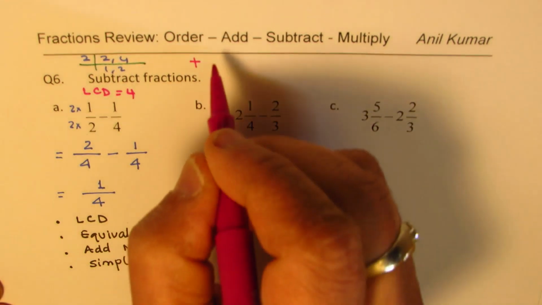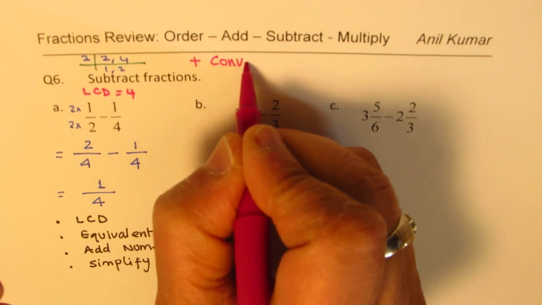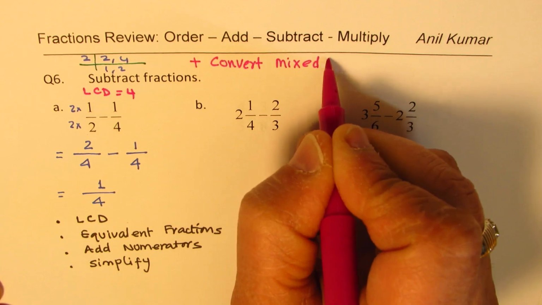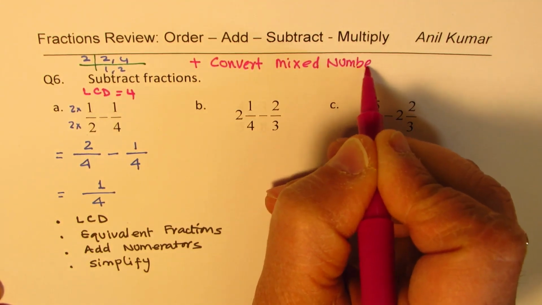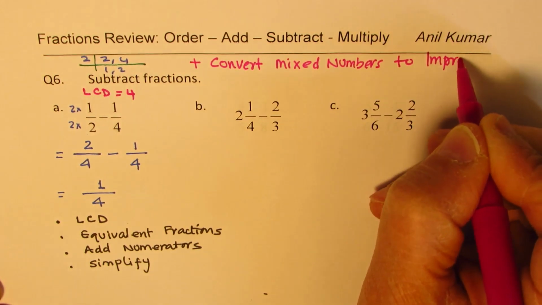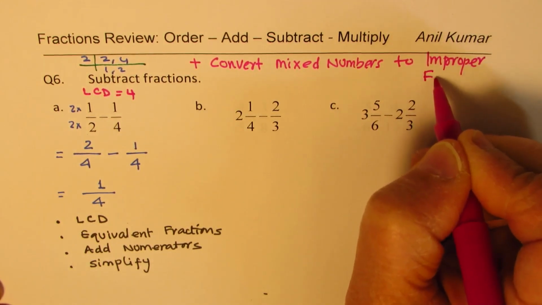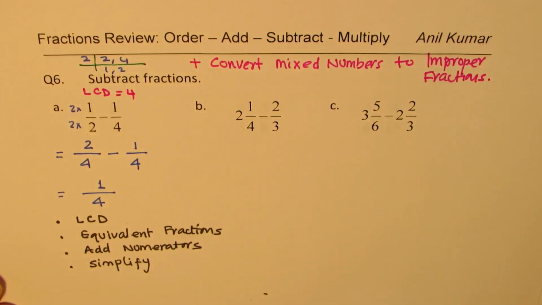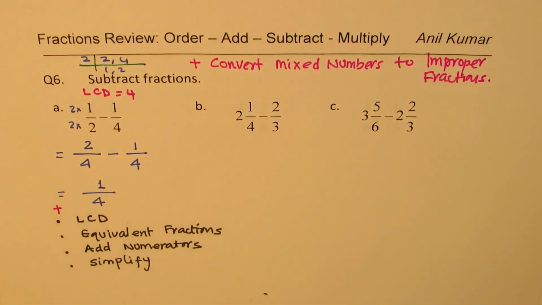And that step is to convert mixed numbers to improper fractions. Correct? So that is an additional step which I'll add here.